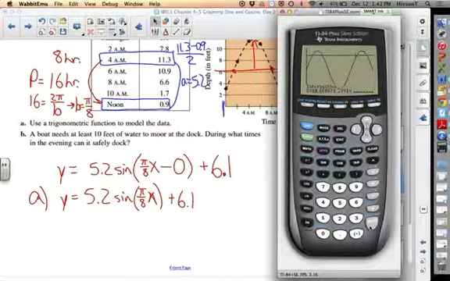So that's just after 6 p.m. Probably to be safe, we might wait till 6:30 or so. Then we do that again: intersect, and scroll over here.